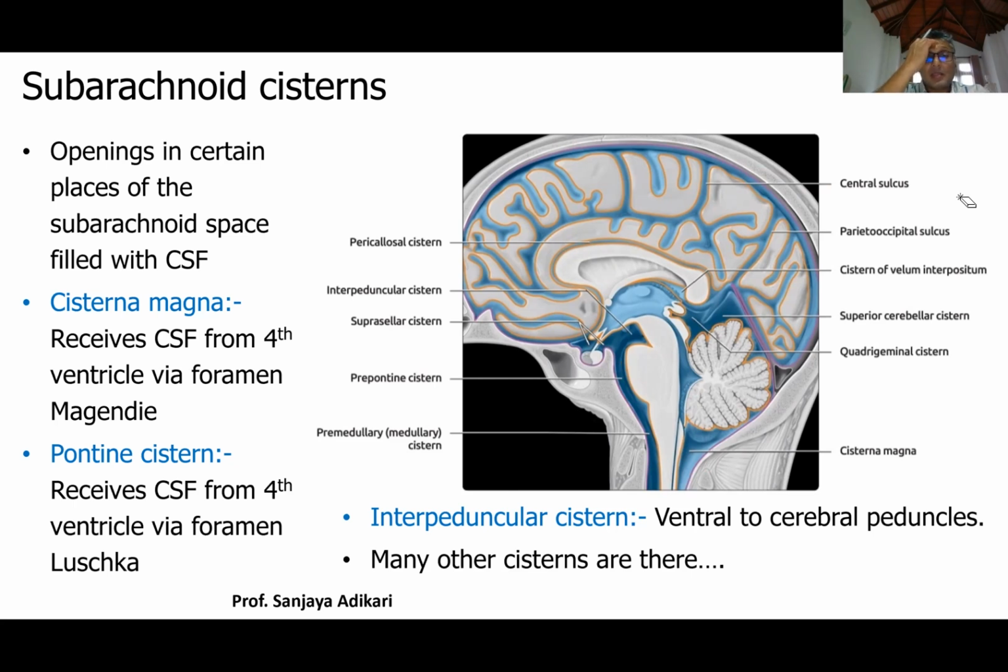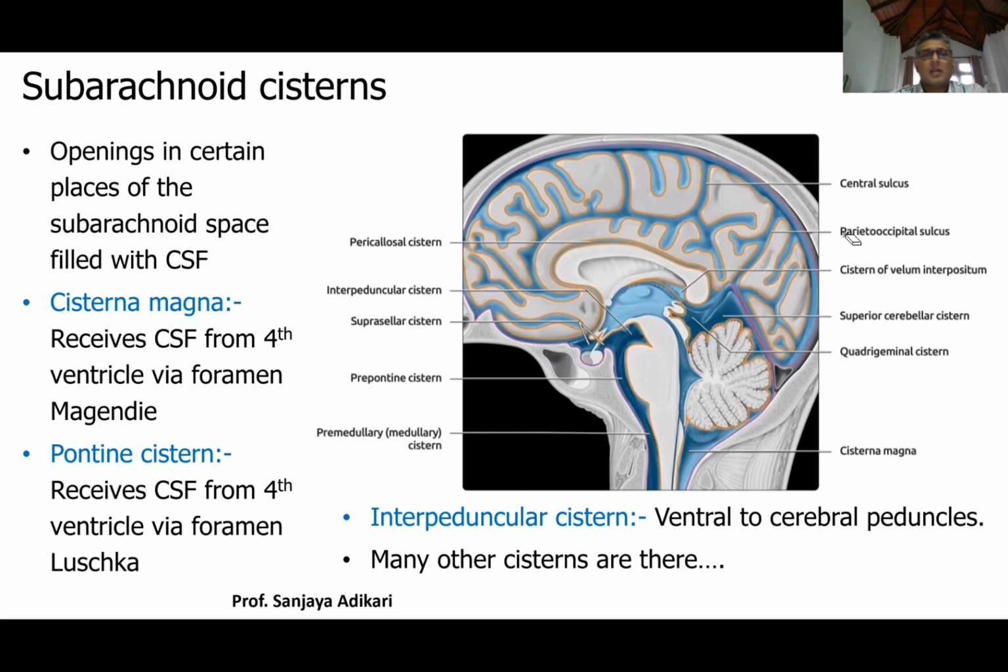Then the other point is, yesterday when I talked about the ventricular system, I said the cerebrospinal fluid, which is usually produced inside the ventricular system, the lateral ventricles and the third ventricle, is released into the subarachnoid space from the roof and the sides of the fourth ventricle. Here, this is the fourth ventricle, through two foramina.